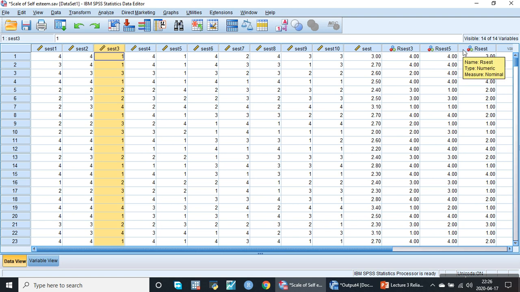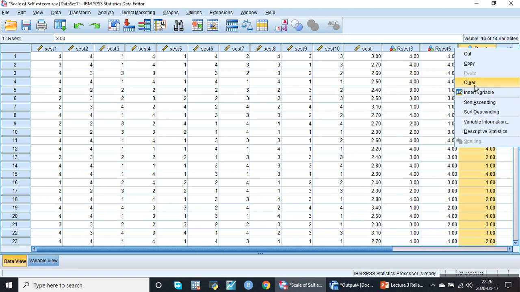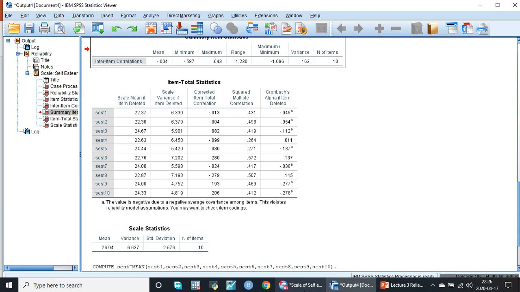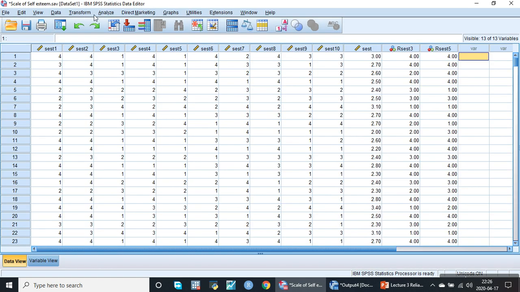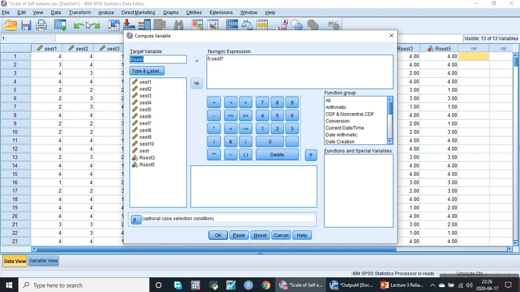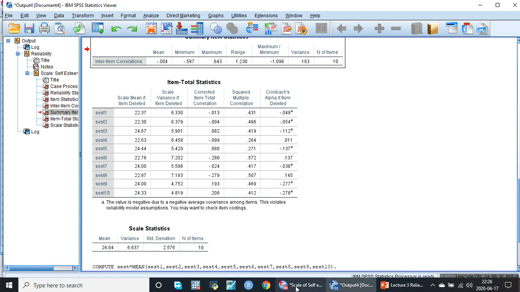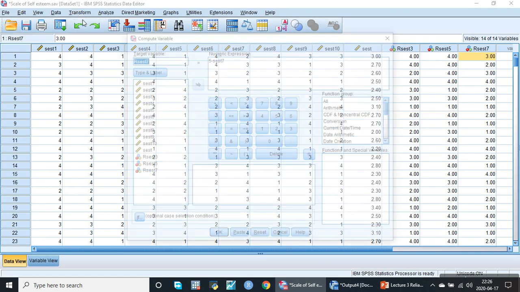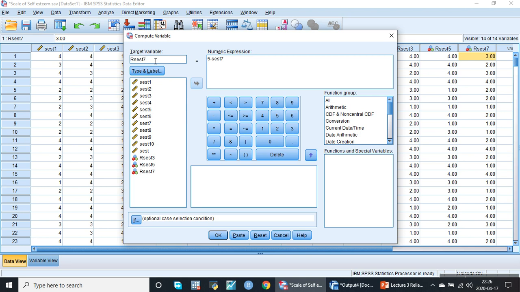Oh, we have not written 7. Clear it, and we will calculate it once again. Transform, self-esteem, we will write 7 here. OK. Then question number 9, we will write 9 and here 9.